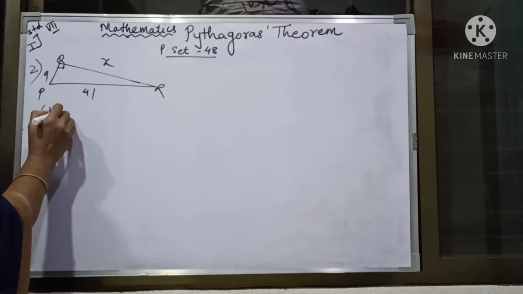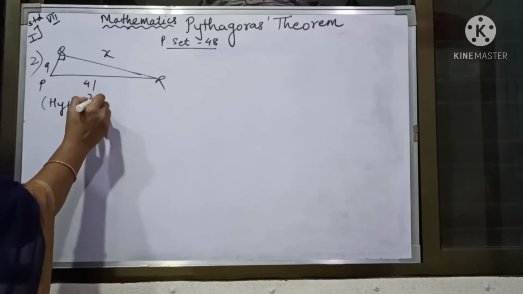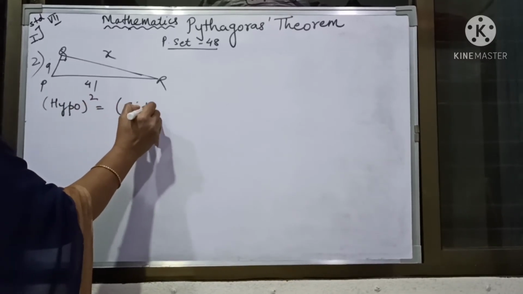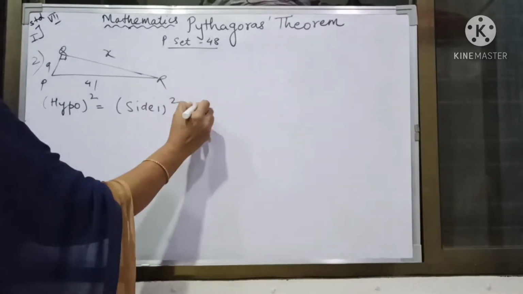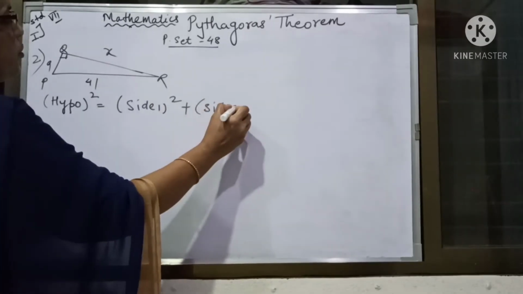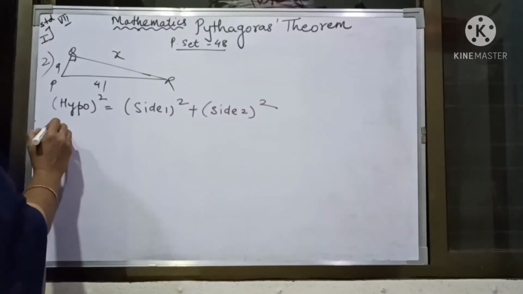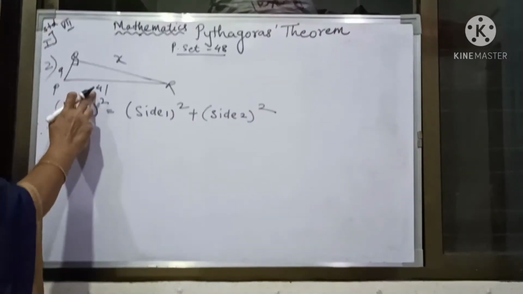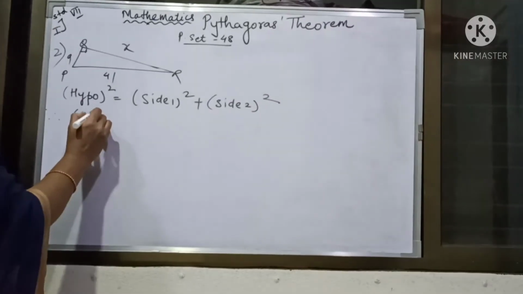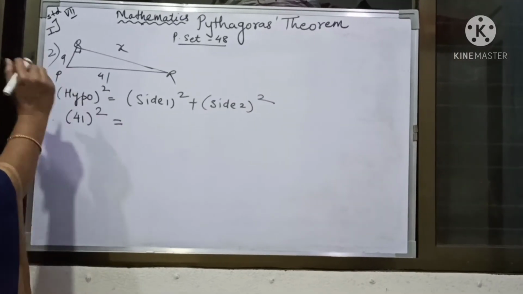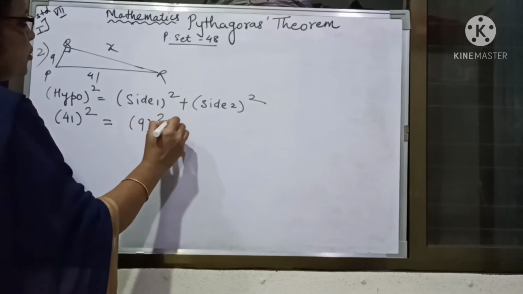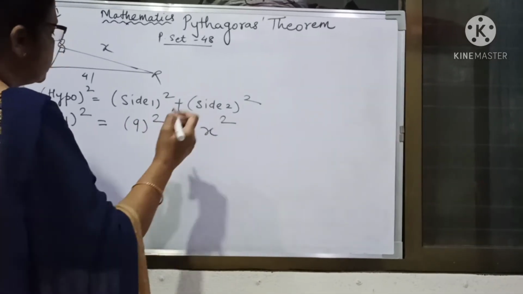Hypotenuse square is equal to side 1 square plus side 2 square. So the hypotenuse is given to you, 41. Side 1 is given to you, 9. You have to find the other side.